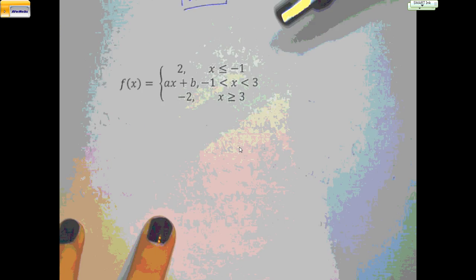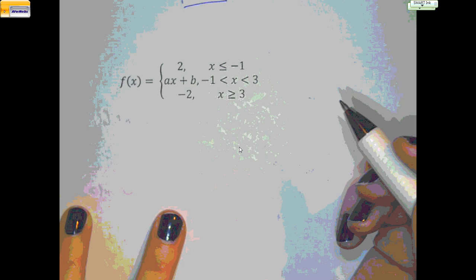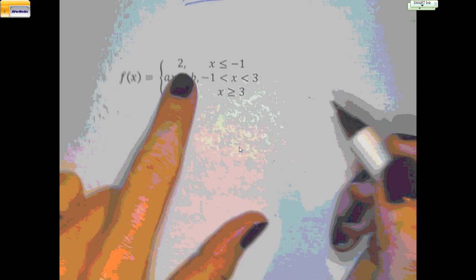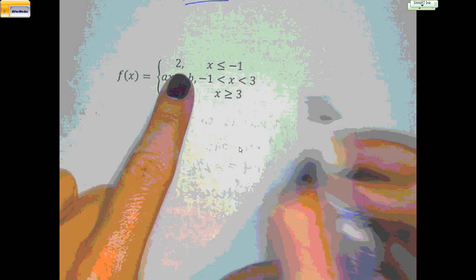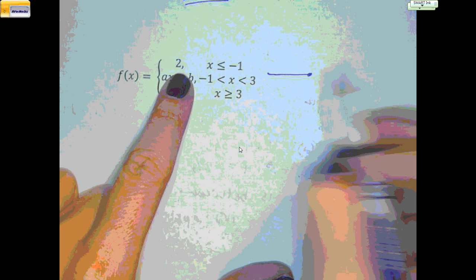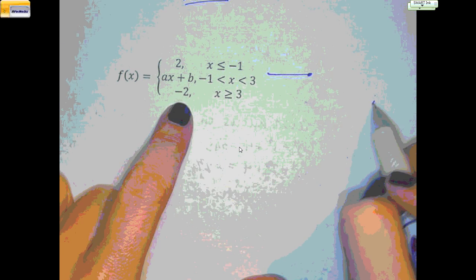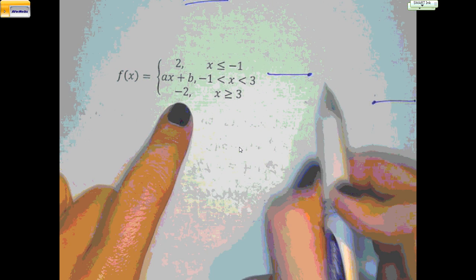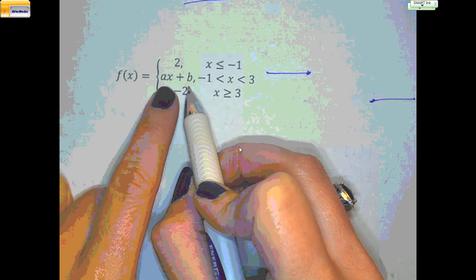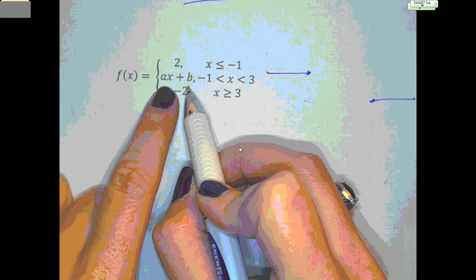The next one is the same deal, it's just a little trickier. You've got a function where it's 2, and then it does something in the middle, and then it's negative 2. We need this graph to connect at this point and this point. So I need an A and B that's going to make that happen. Here's how we get there.